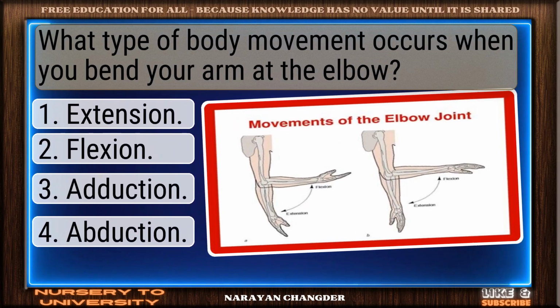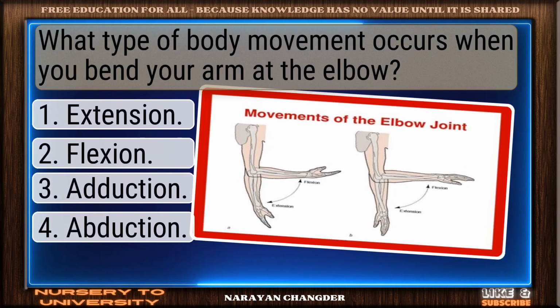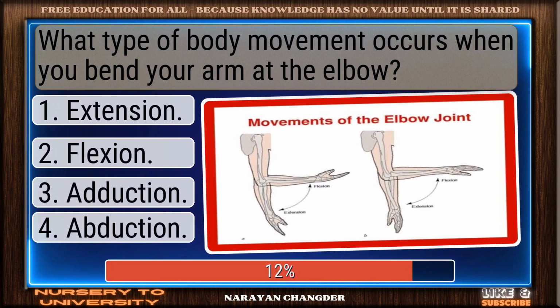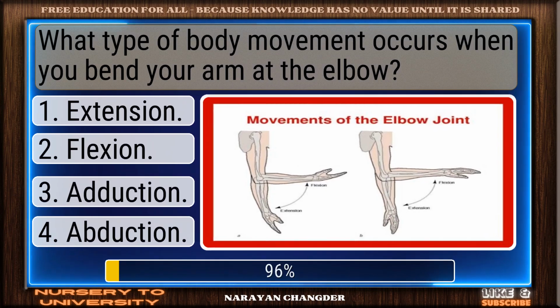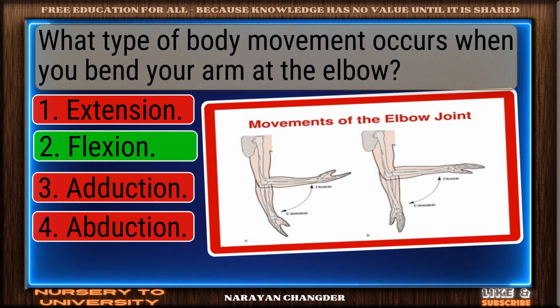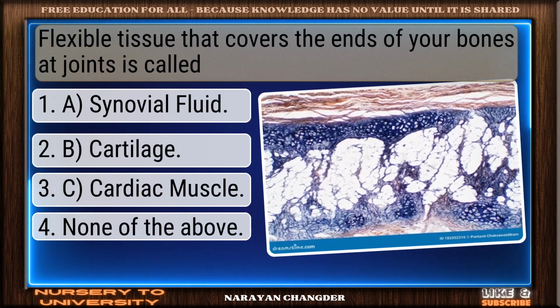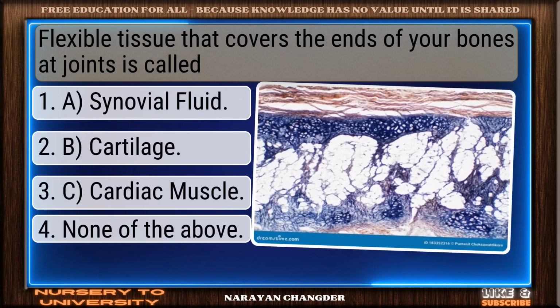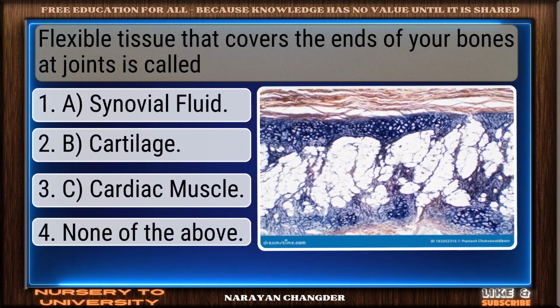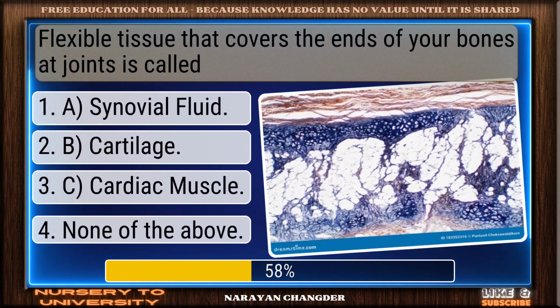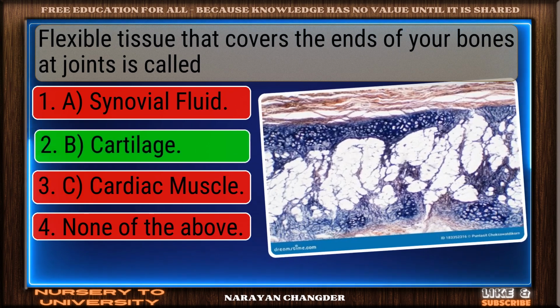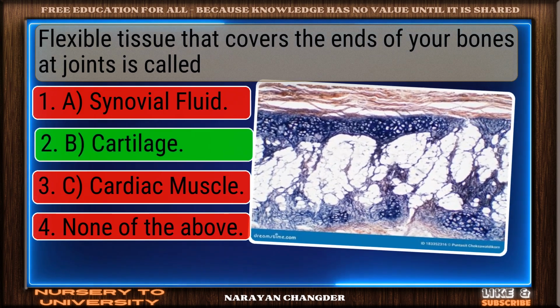What type of body movement occurs when you bend your arm at the elbow? Excellent. Flexion is a brilliant choice. Flexible tissue that covers the ends of your bones at joints is called. Nicely done. B. Cartilage is a solid answer.